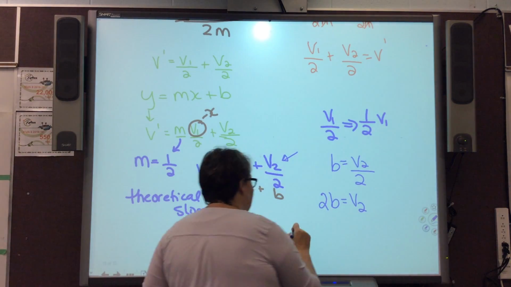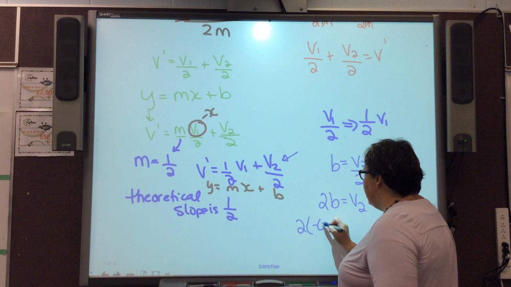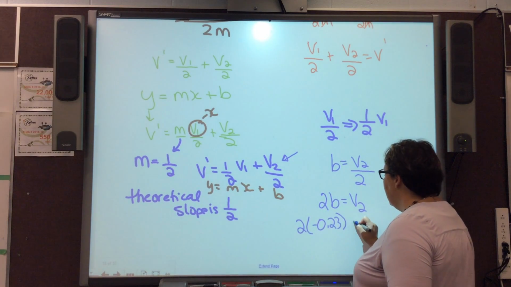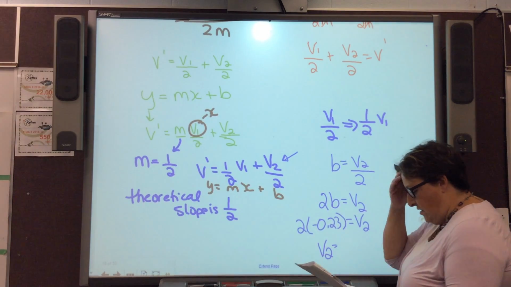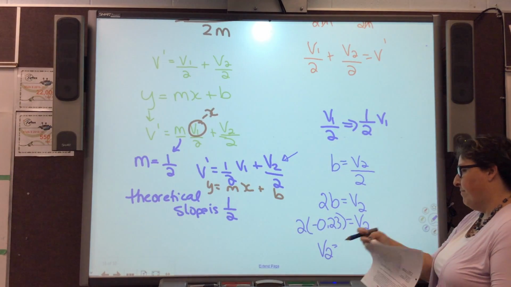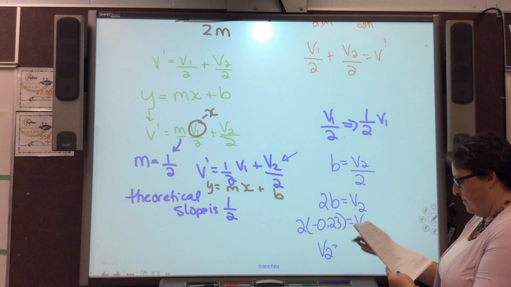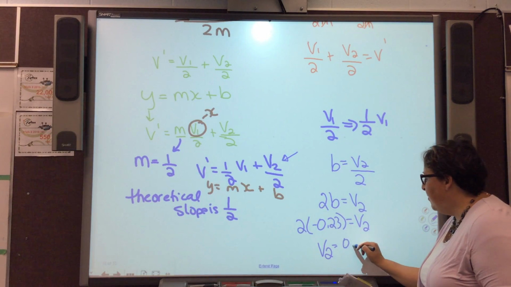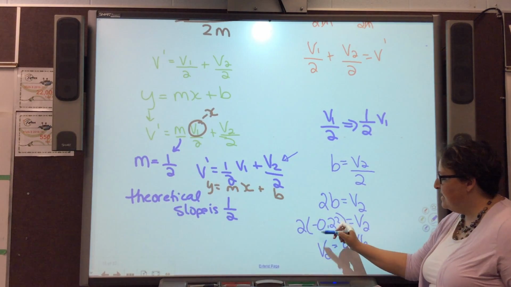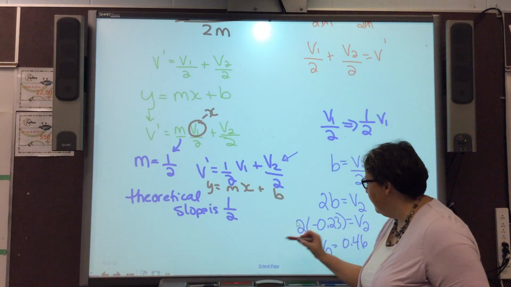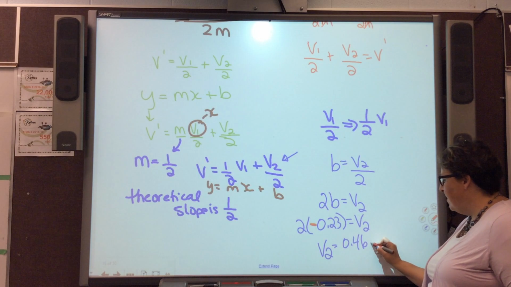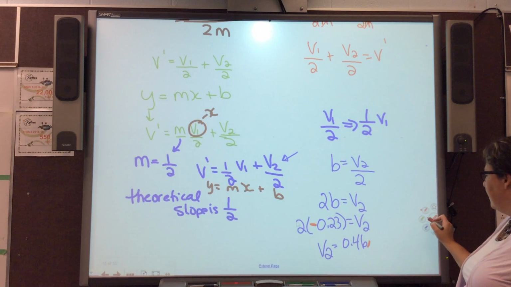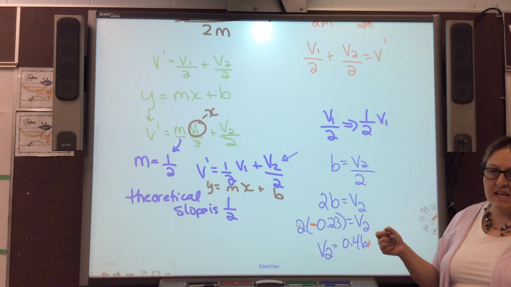So we see that it's going to be 2 times negative 0.23 equals V2. So V2 would be equal to negative 0.46. This negative sign here tells us what? It's going in a negative direction. What's another way of saying a negative direction?